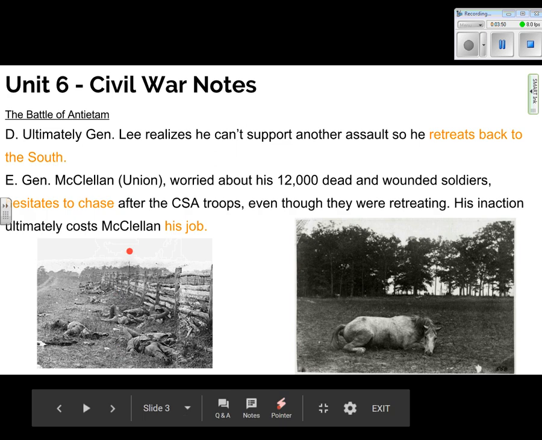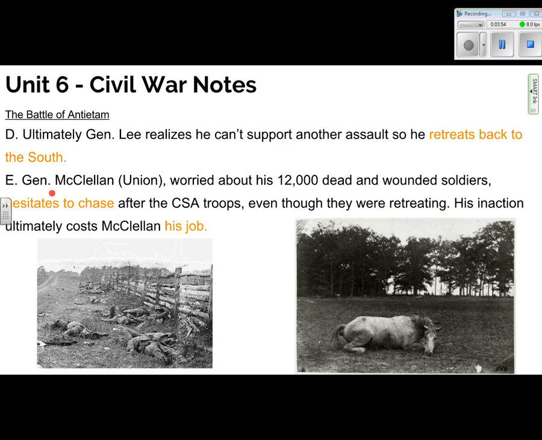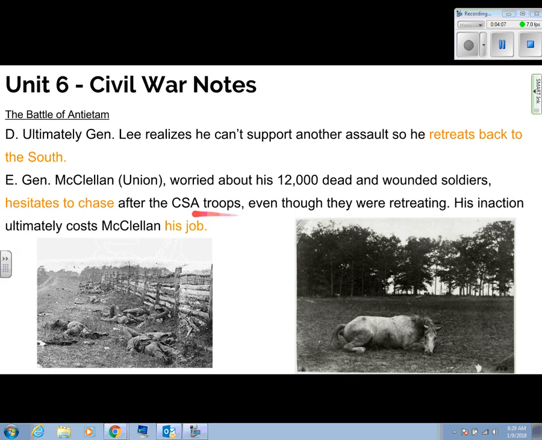Now, this is where the story is interesting, and this is why we follow this battle in particular. General McClellan of the Union, he's looking around and he's saying, we might have won, but we've got 12,000 dead and wounded soldiers. That's half of South St. Paul. And so I don't want to go chasing after the Confederate troops, even though they're running away. That's a good time to crush an army, is when they're running away because they're pretty weak.